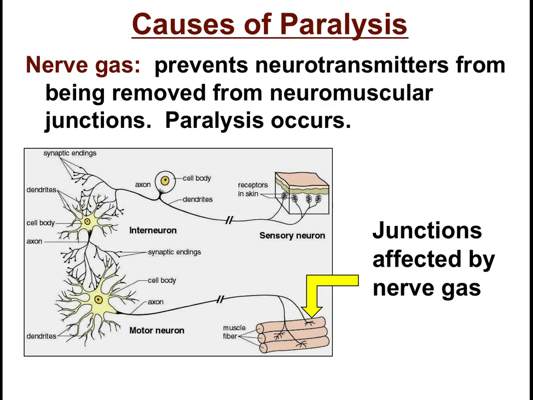So as you'll recall, in order for future nerve impulses to take place, that neurotransmitter must be broken down. It must be removed. If something is preventing that neurotransmitter from being broken down, then future neurotransmitters can't find a space to bond. There's no open receptor sites, and so no movement will occur. This is what happens with nerve gas.